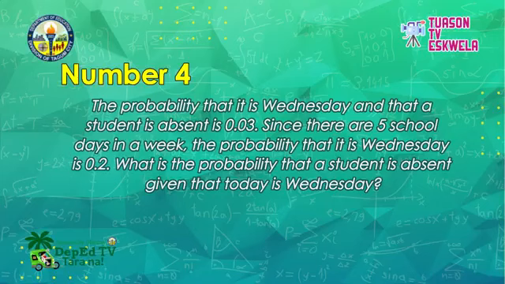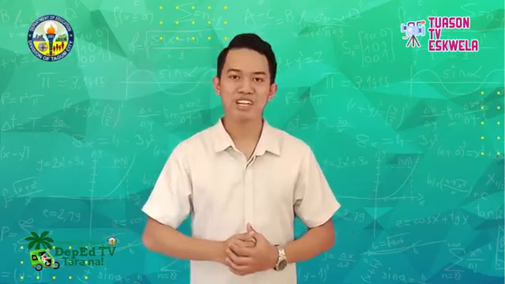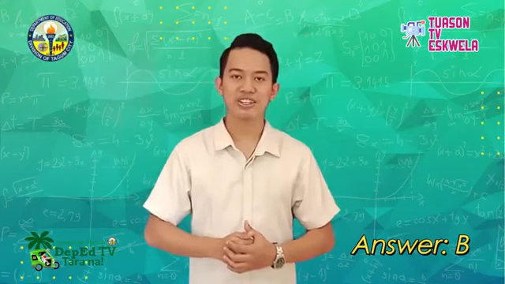Choices are letter A, 20%, letter B, 15%, letter C, 13%, and letter D, 50%. Your timer starts now. Time is up. The correct answer is letter B, 13%.